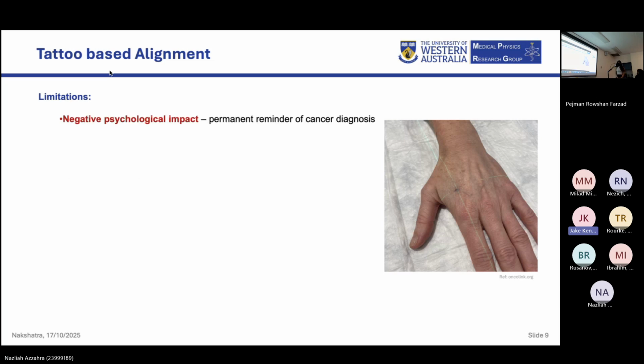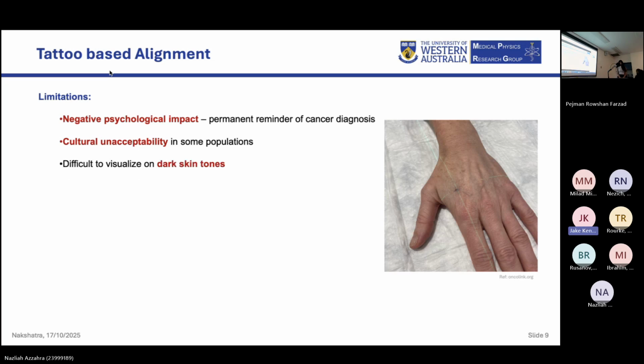Now, these tattoos, while they are helpful, also have a lot of limitations. They have cosmetic or psychological limitations, as they're a constant reminder of the patient's cancer journey, which is quite challenging. Some cultures don't allow tattoos, which is also a concern for some patients.